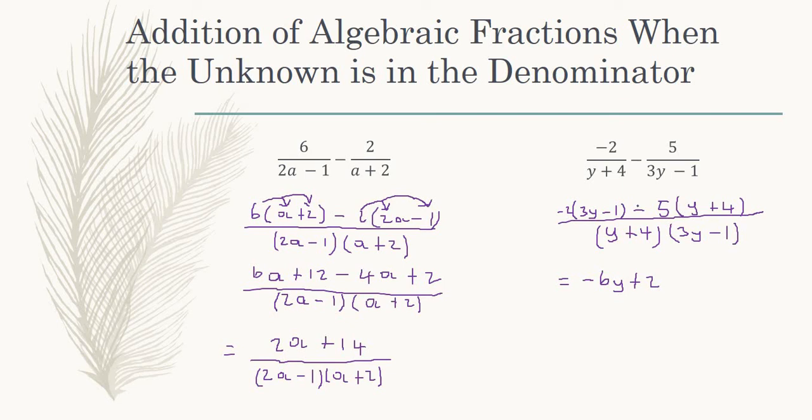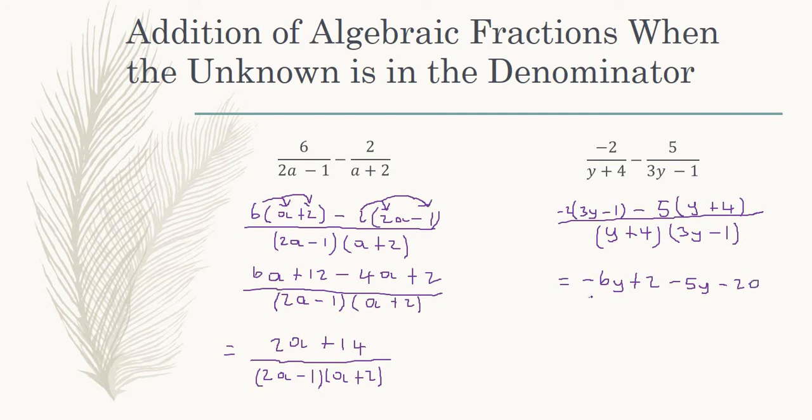Then here, because we have a minus here, we have to treat this 5 as a negative 5. So we're going to take negative 5 to multiply each term. So negative 5 times y, that's going to give us negative 5y. And negative 5 times a positive 4, that's going to give us a negative 20.